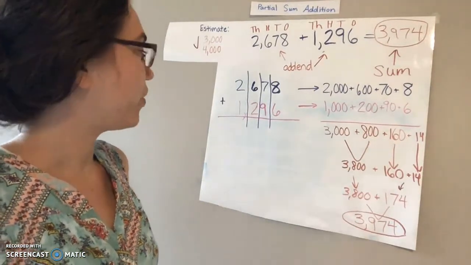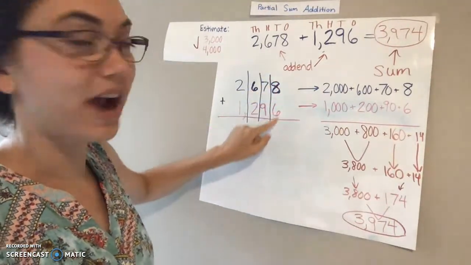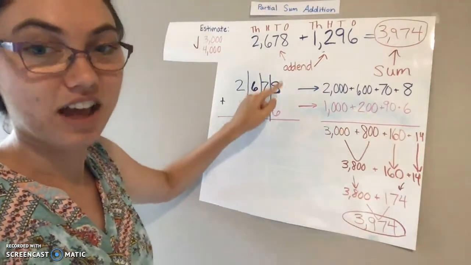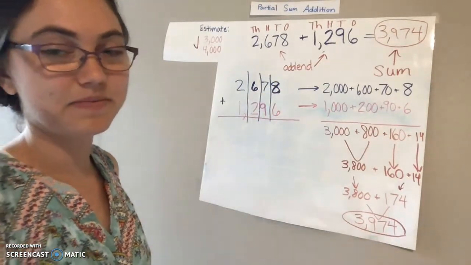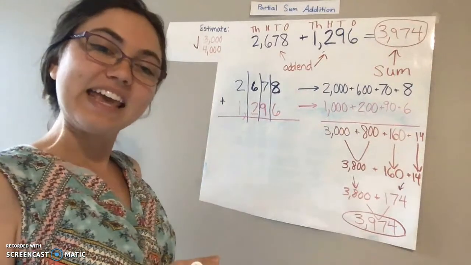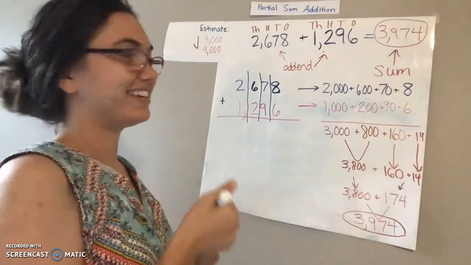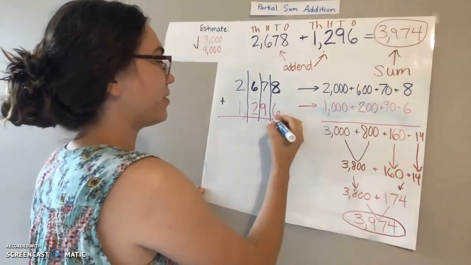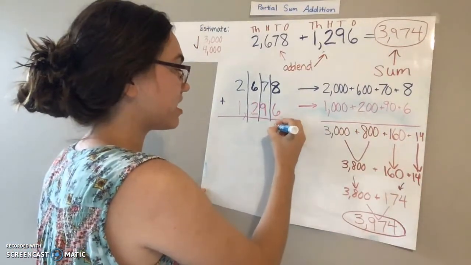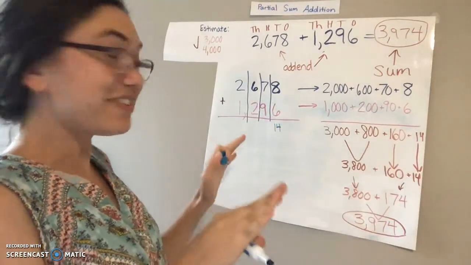First off, we will start in the far right column with the ones. 8 plus 6 is 8, 9, 10, 11, 12, 13, 14. Okay, so we are ready to write 14. Miss Hammis, wait, you cannot do that.